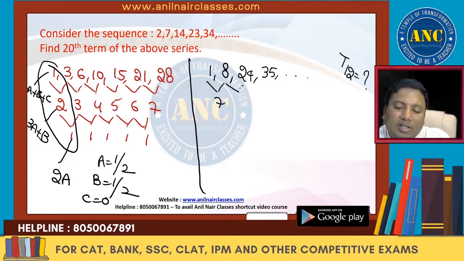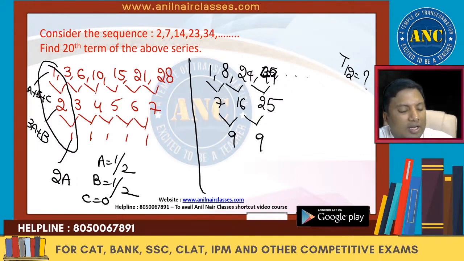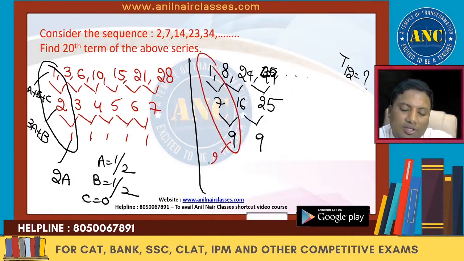These differences are 6, 16, and so on, and these are 25, 49, and these second differences are 9, 9. So what will be the value of A, B and C? Only take the leftmost values. This is 2A, this is 3A plus B, this is A plus B plus C. All the values you will get.